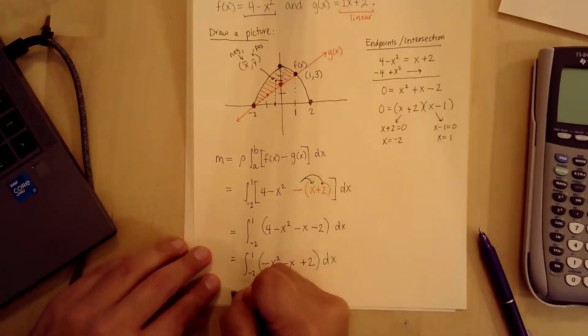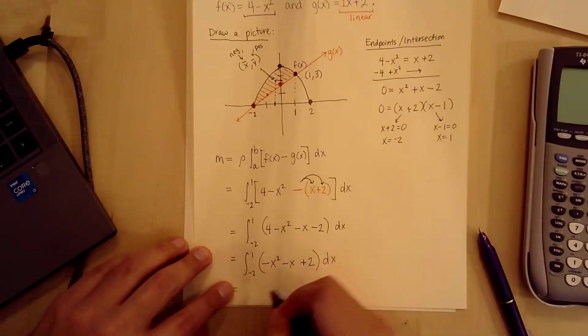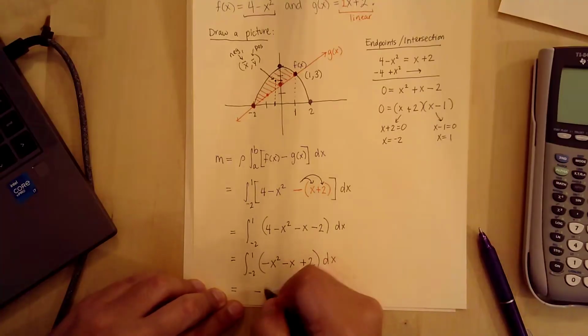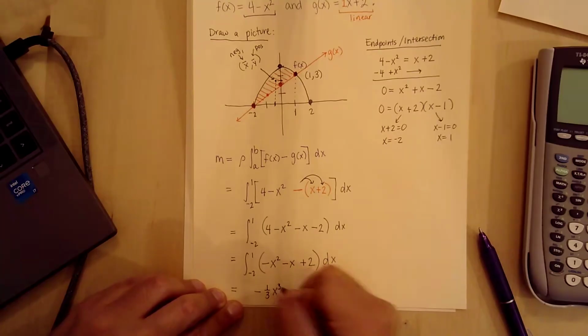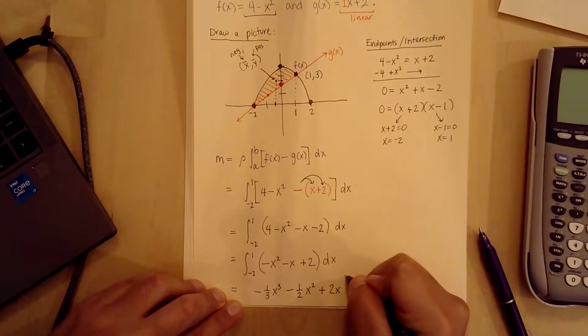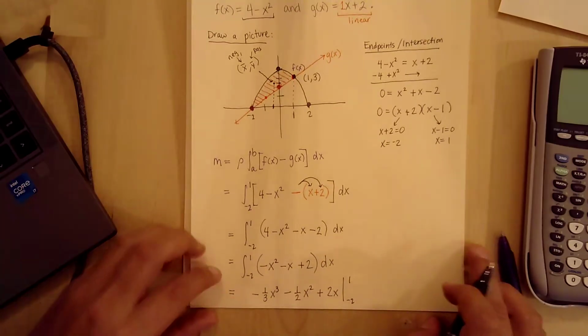I know I'm running out of room here, but this is such a simple integration, I'm just going to go full speed ahead. This will be -1/3 x to the third minus 1/2 x squared plus 2x, and we'll evaluate that from -2 to 1.